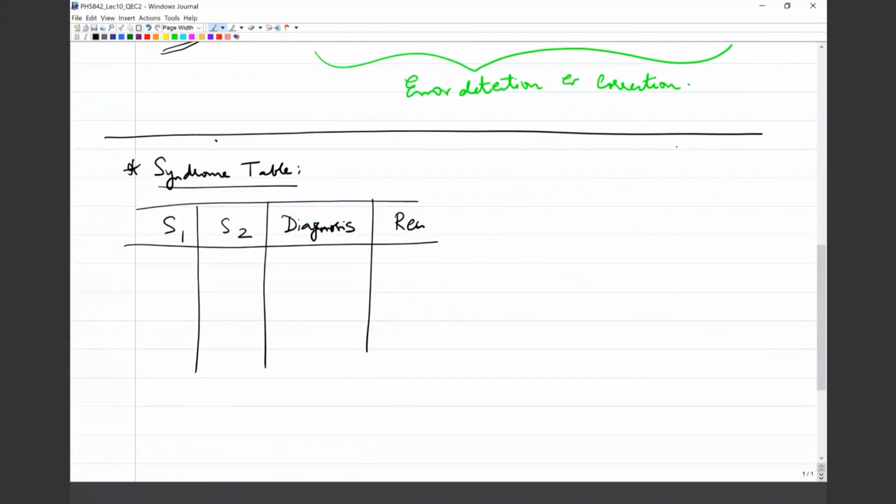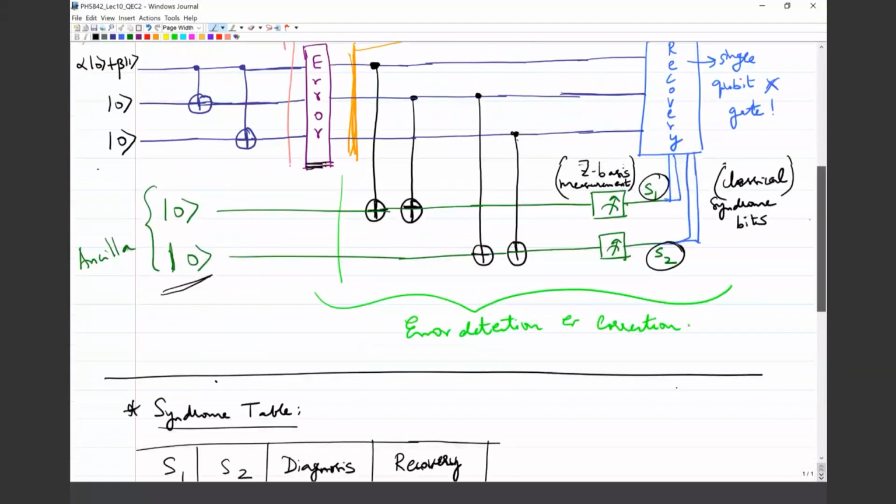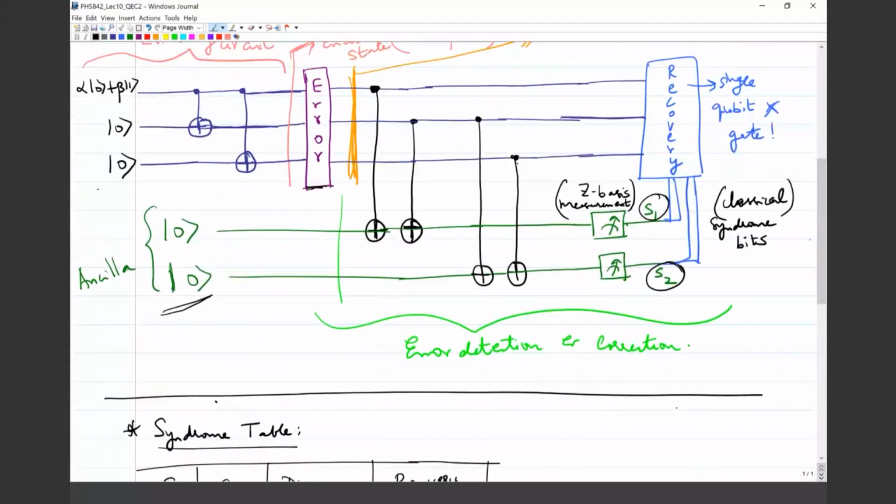There's the diagnosis, and then there is the recovery, right? So once you've detected, you need to correct, and the correction in this case is simply a single qubit X operation, right? So if S1 and S2 are both 0, then it's no error. We already discussed this last time. So the recovery operation is simply the identity gate, right? If S1 is 1 and S2 is 0, which means that the first ancilla alone has flipped, which means something has flipped in the first two encoded qubits.